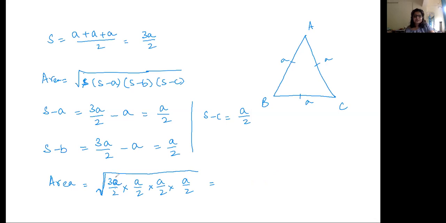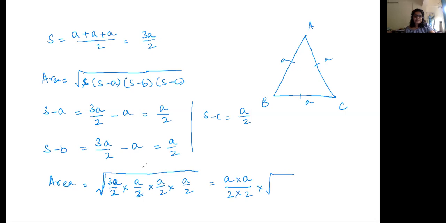So a into a, a square, outside the root this will become a. And then a into a, a square, once it gets out of the square root, this will be another a. Similarly, you've got 2 into 2, 2 square, gets out of the root, this becomes 2. And 2 into 2, 2 square becomes 2.